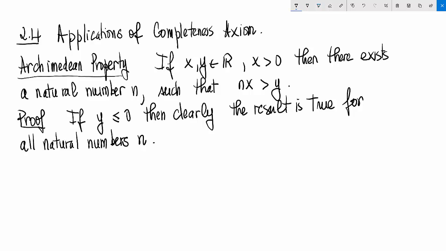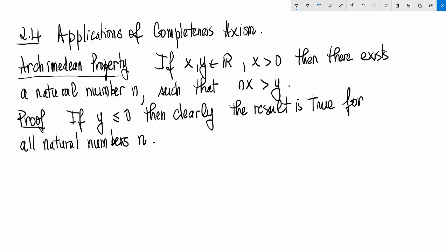The other intuitive understanding of the Archimedean property, which I almost forgot to say, is the following. The Archimedean property is telling you that if you give me two numbers, and let's say one of those numbers may be very, very small, and it's positive, and that's really all you need.